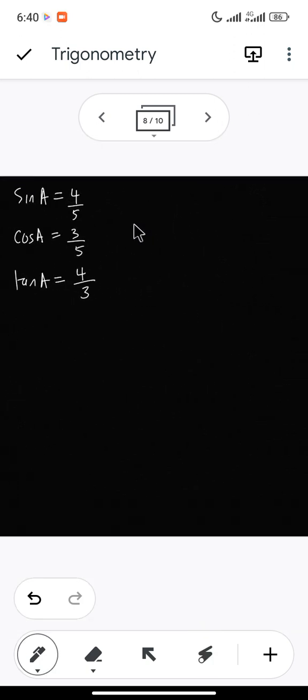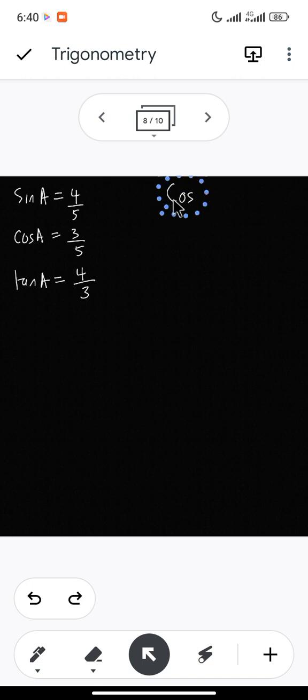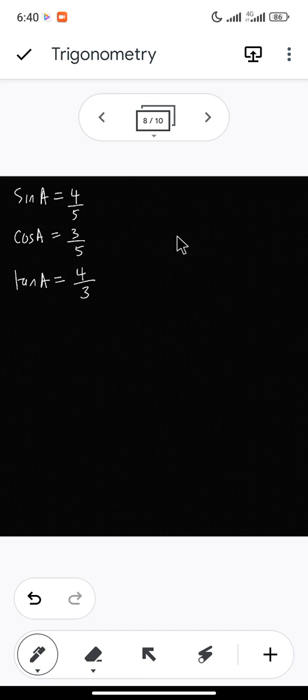We also know that cos B was given to us, let me write here. From the question, cos B was given to us as 5 over 13.